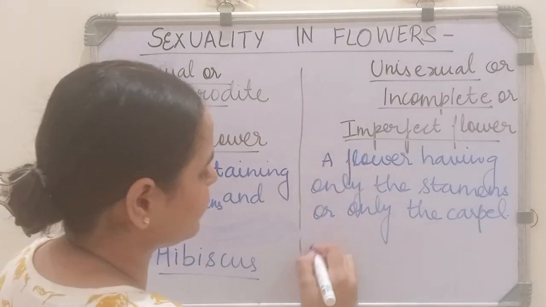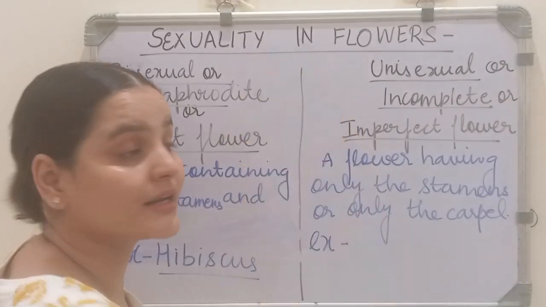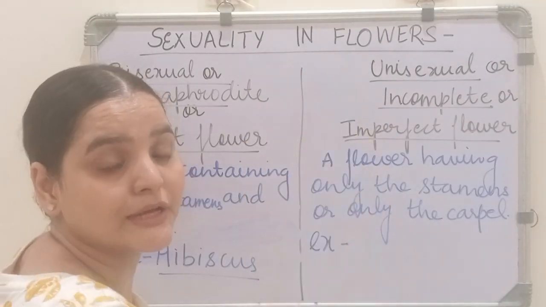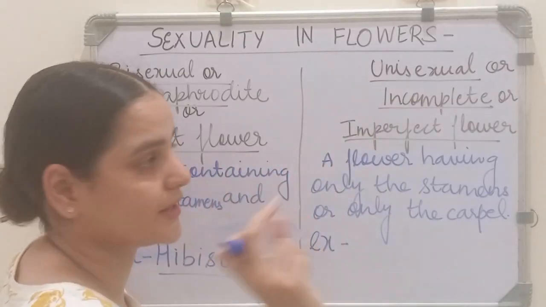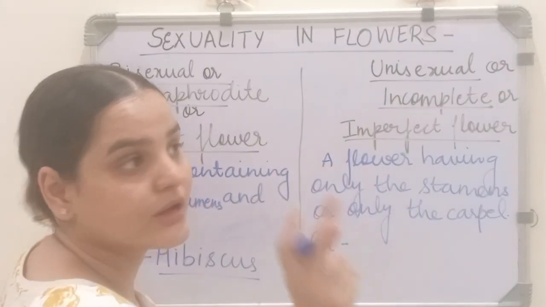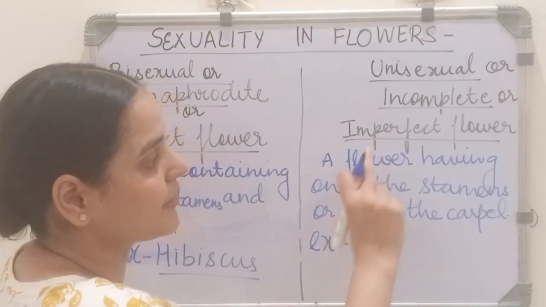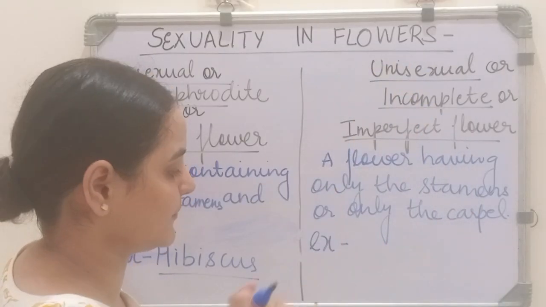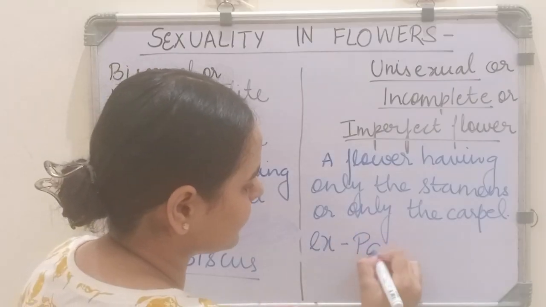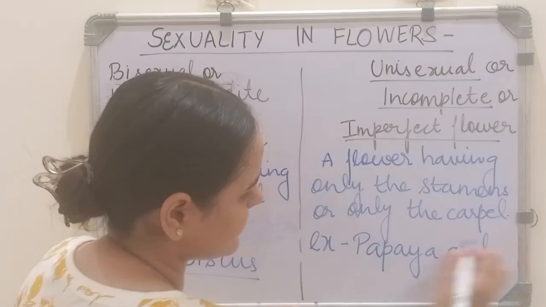Now example of this unisexual. Unisexual means only one, either male or the female part is present. Uni means, remember, uni means one. Okay, incomplete because only one part is present, either the male or the female, or imperfect. So these terms generally refer to one thing only. So example is papaya and palm.